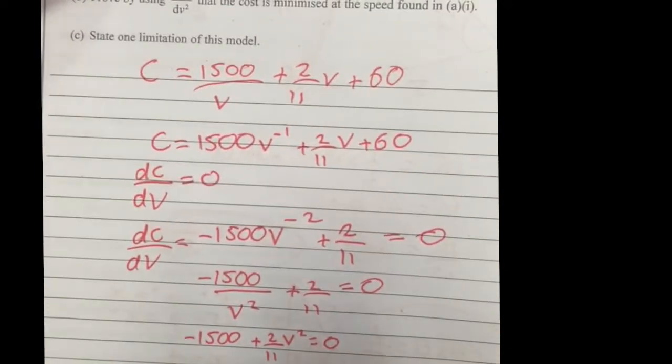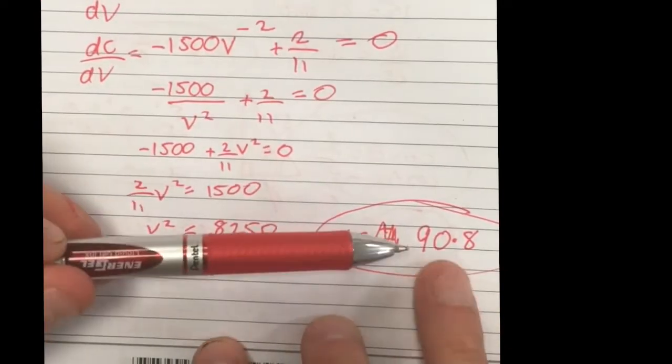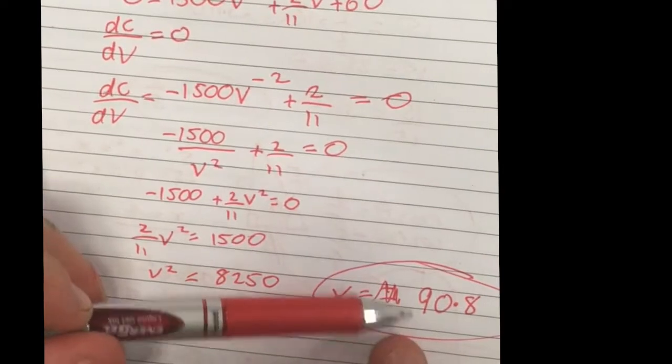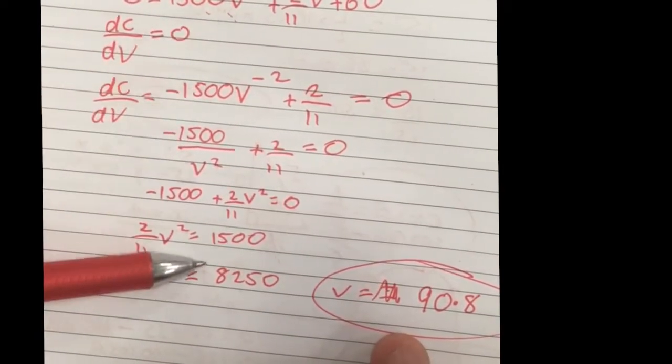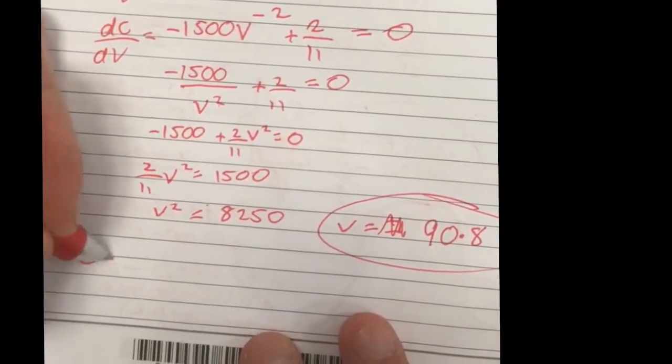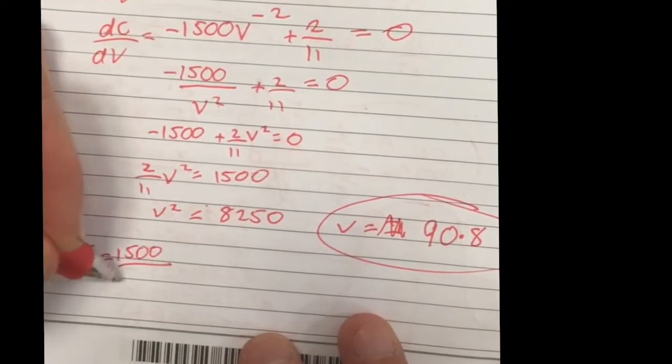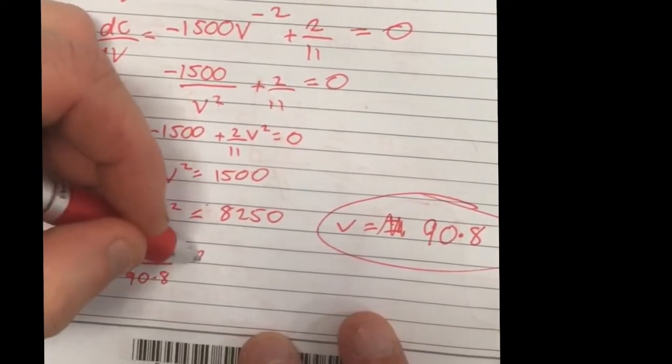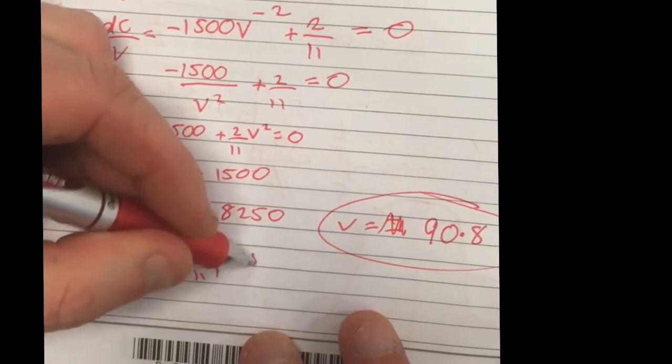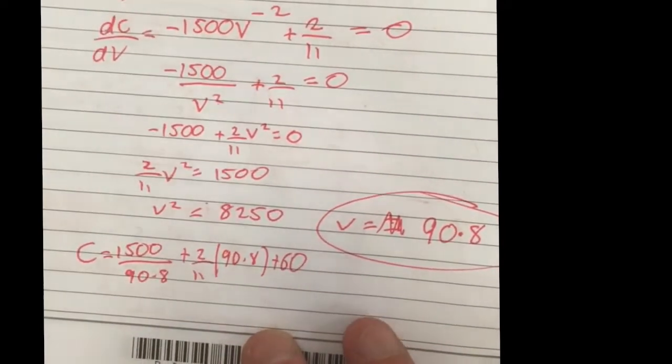The minimum cost of the journey is going to be the cost when you're driving at this speed. So if you put this speed back into the v equation, we'll find our cost. So c equals 1,500 over 90.8 plus 2 over 11 times 90.8 plus 60.